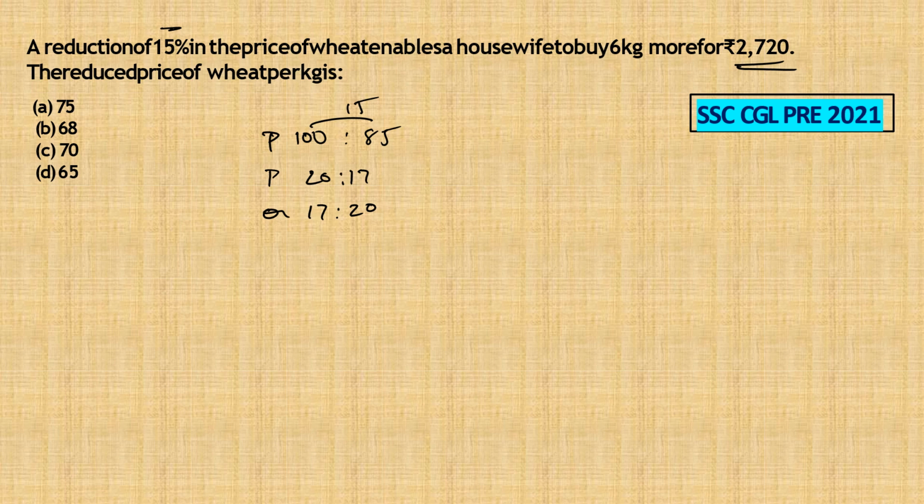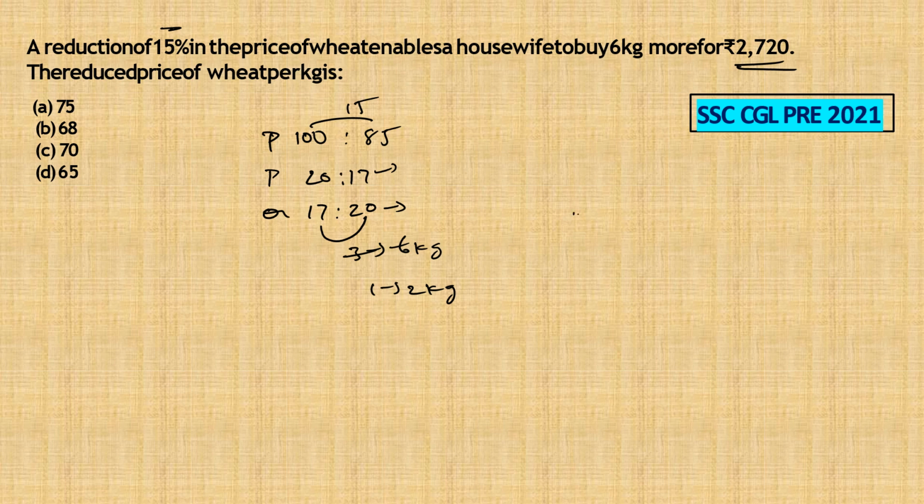They are getting 3 ratio more than before, that is 3 ratio denotes 6 kg, so 1 ratio denotes 2 kg. We need to find the reduced price of the wheat, that is the new price.